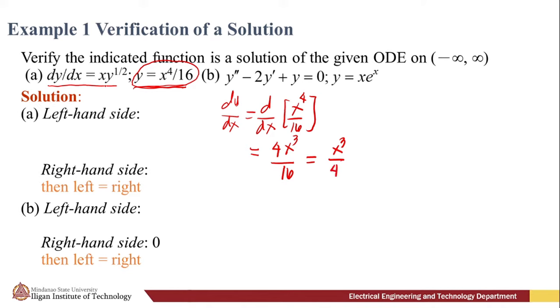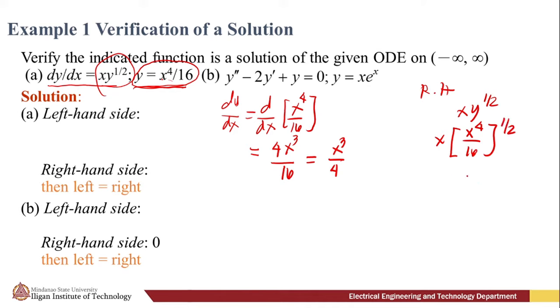Then on the right hand side, we have x y raised to 1/2. So x times, ang y natin is itong x to the 4 over 16. So we have x to the 4 over 16 raised to 1/2.